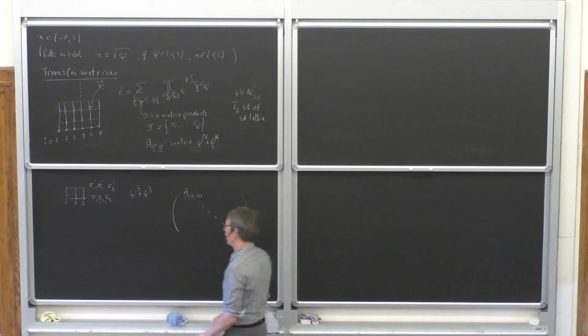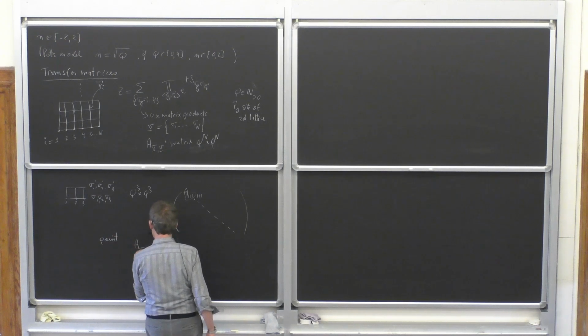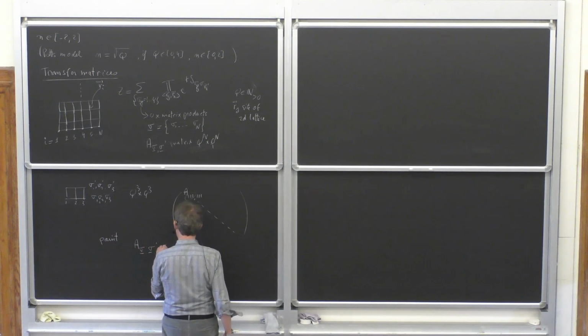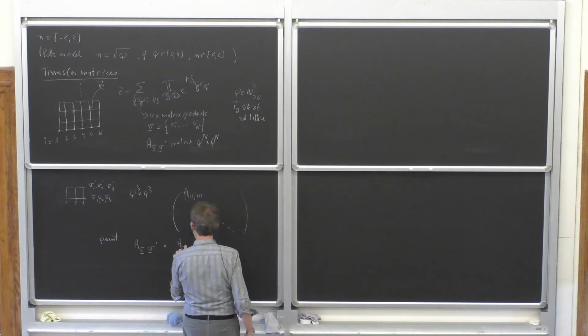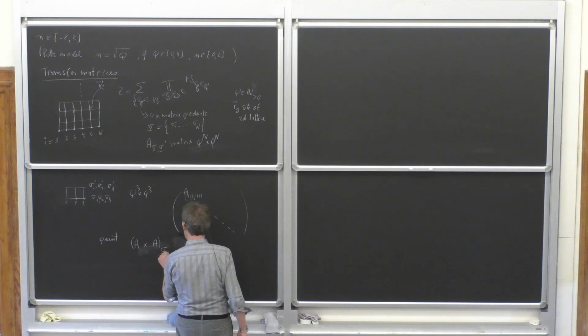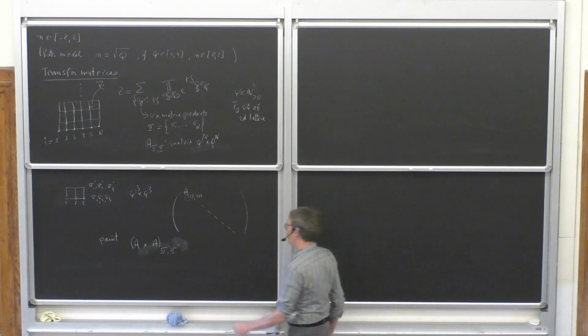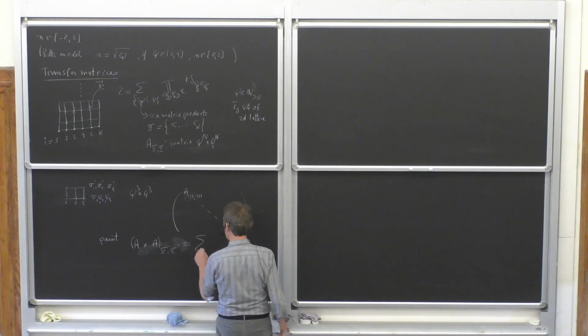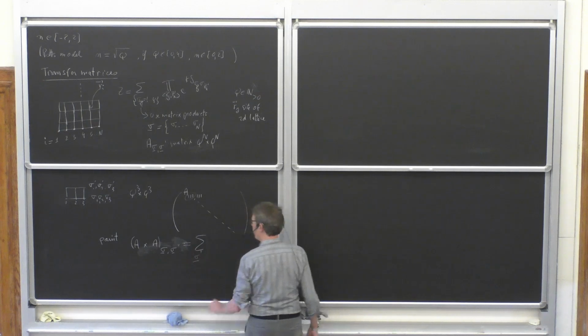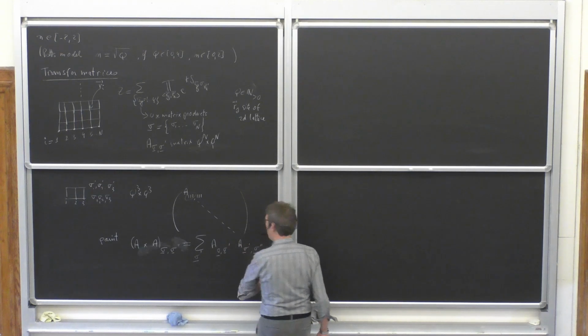And the point of worrying about this thing is that if I multiply the matrices A sigma sigma prime with A sigma prime sigma double prime, the matrix element of the product between sigma and sigma double prime, by the rules of matrix products, is the sum over all the sigma primes of A sigma sigma prime times A sigma prime sigma double prime.